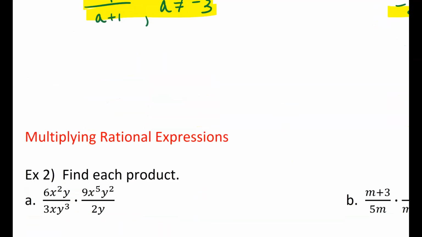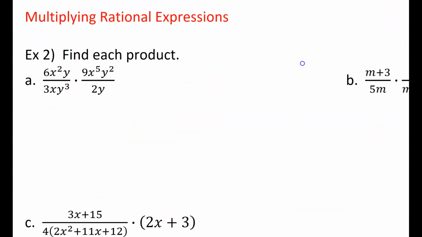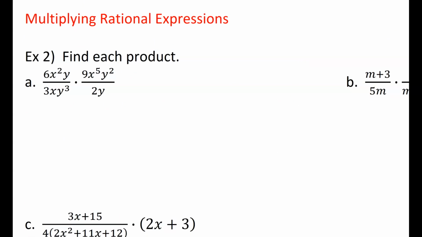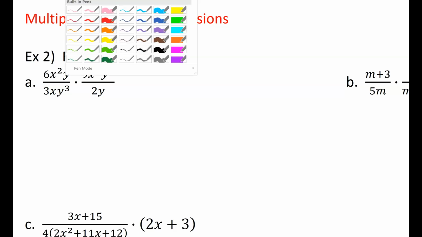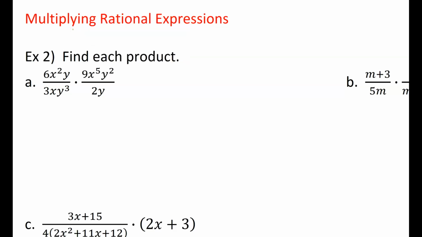And now we're going to get into multiplying. All right, our first example, you guys have already been doing these. Just a reminder, when you are multiplying any kind of fraction, do we want to make terms larger and then have to simplify big numbers?